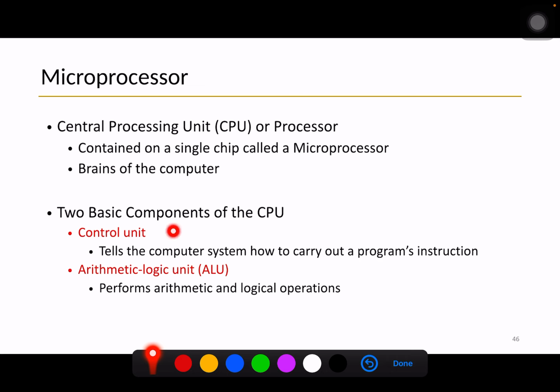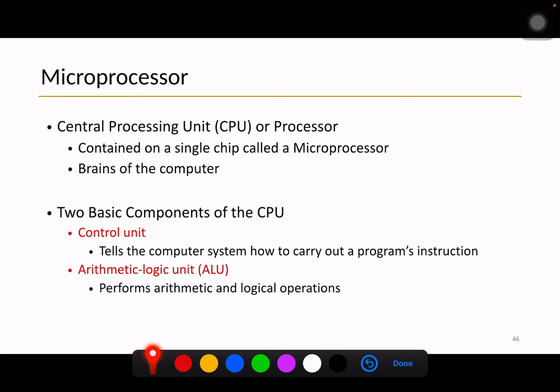Whatever the CPU needs to do, the control unit will control the activities. And the ALU performs arithmetic and logical operations. All the calculation must be carried out in the ALU.